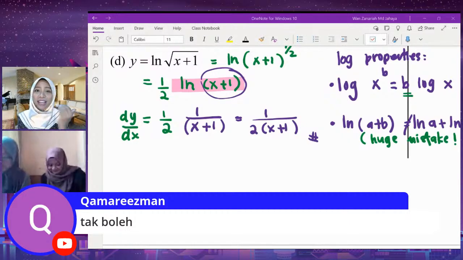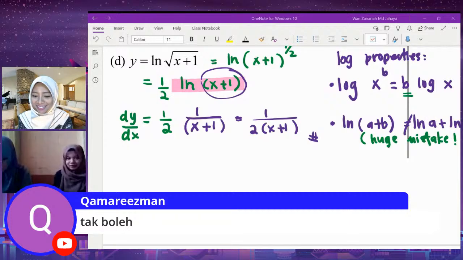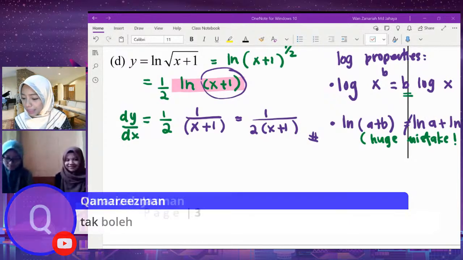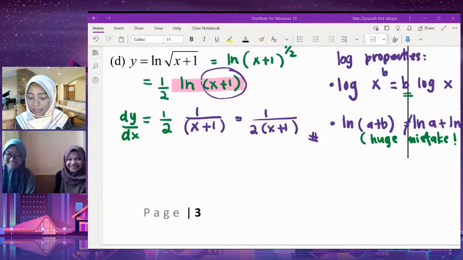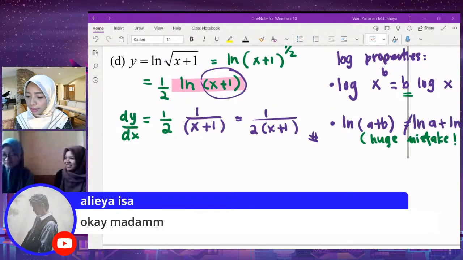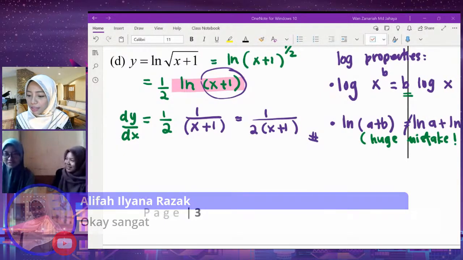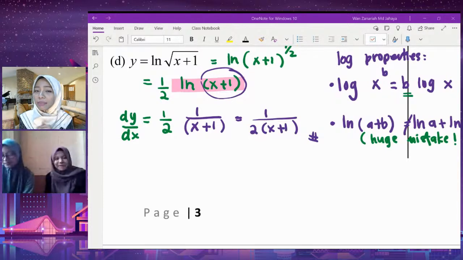You cannot expand. Okay, lagi ada apa lagi? Is there any other comment? Okay, if no, I will continue. Okay, Sharina okay, semua okay sangat. Alhamdulillah, easy.